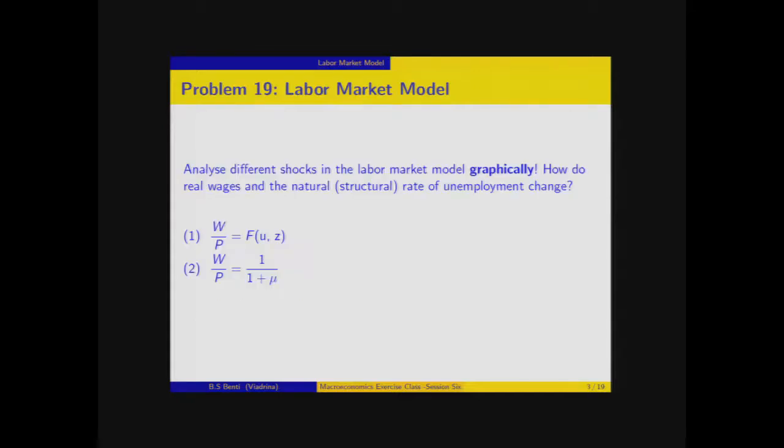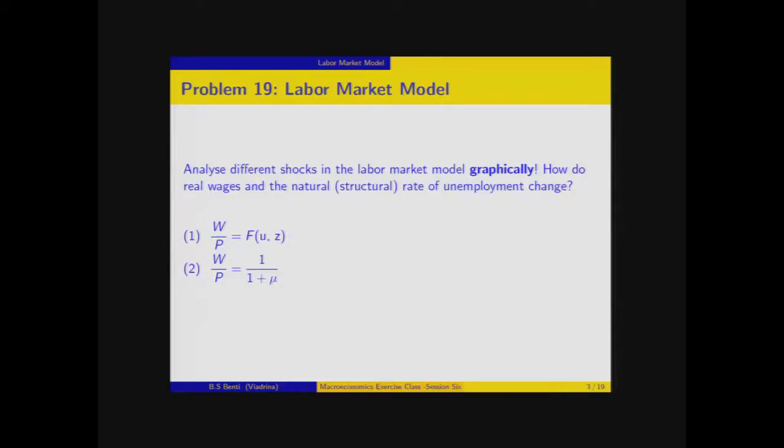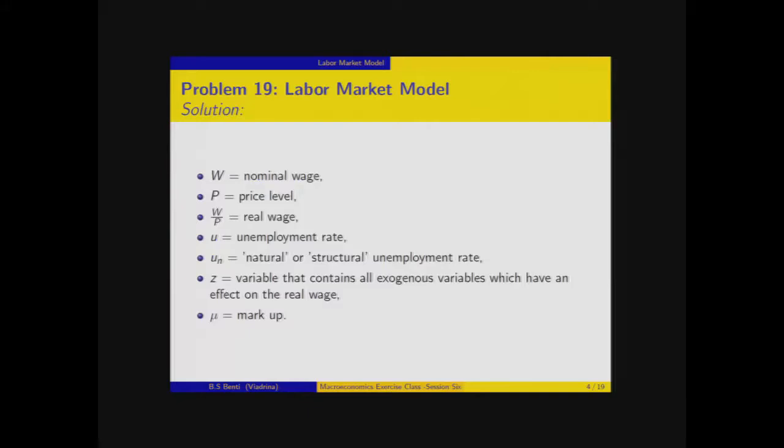Z in the first equation given here is the variables that contain all exogenous variables which have an effect on the real wage. This Greek letter mu, indicated in the second equation, is actually called a markup. What it is and how it can be derived, we would see in this particular exercise.